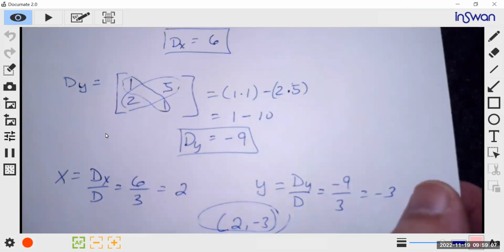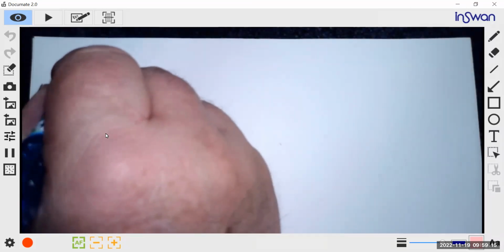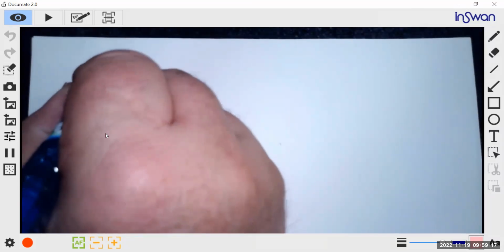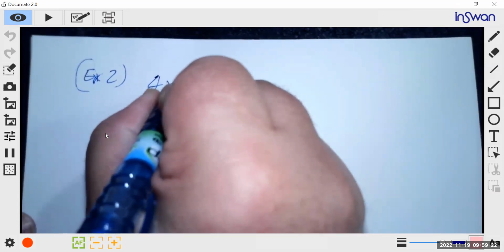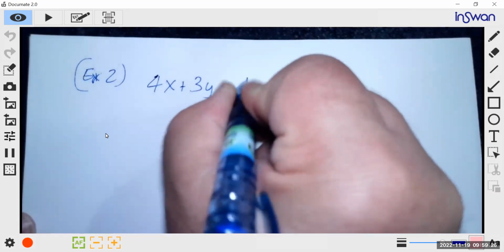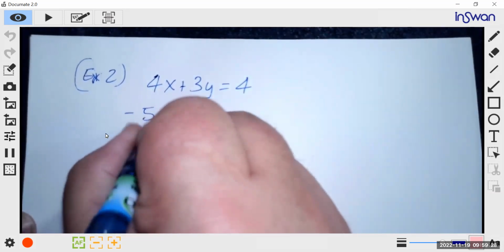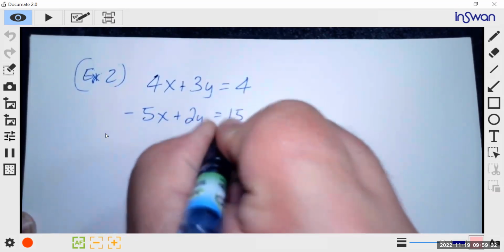All right, let's look at the second example we did, the one that had uglier numbers. 4x plus 3y, negative 5x plus 2y equals 15.